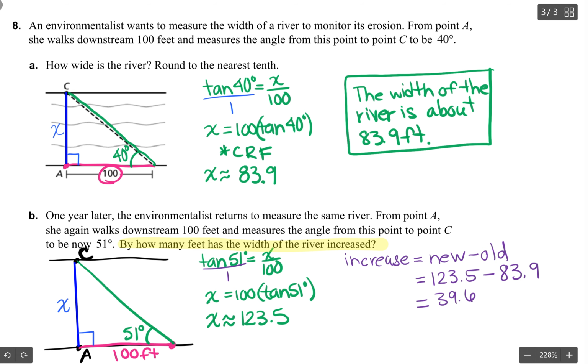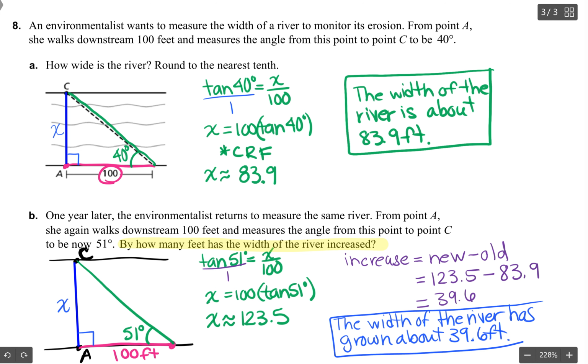So again, write that out in a sentence. So the width of the river has grown about 39.6 feet. And there we have the width of the river.